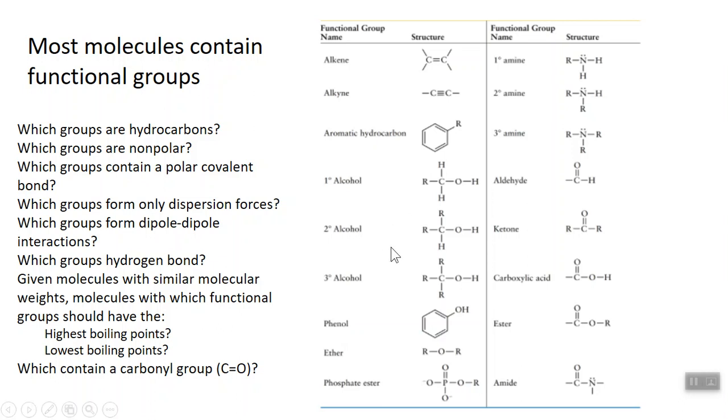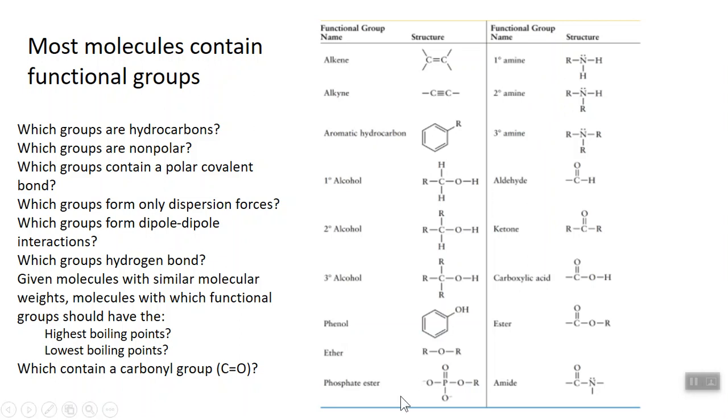Then you can roughly group the alcohols, the ether, and the amine. It's kind of an exception with the phenol and the phosphate ester, but a rough idea of these is that they are sp3 hybridized carbons directly bonded to an electronegative element.